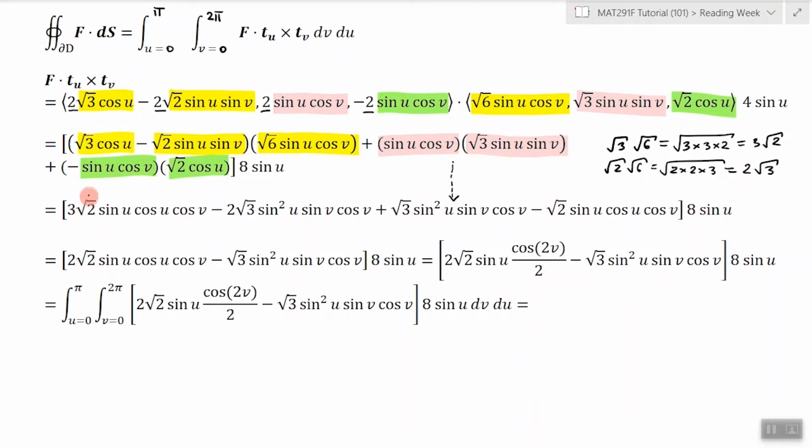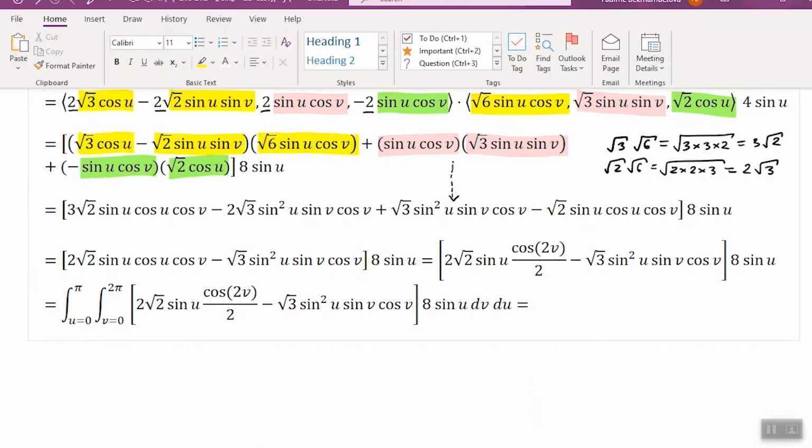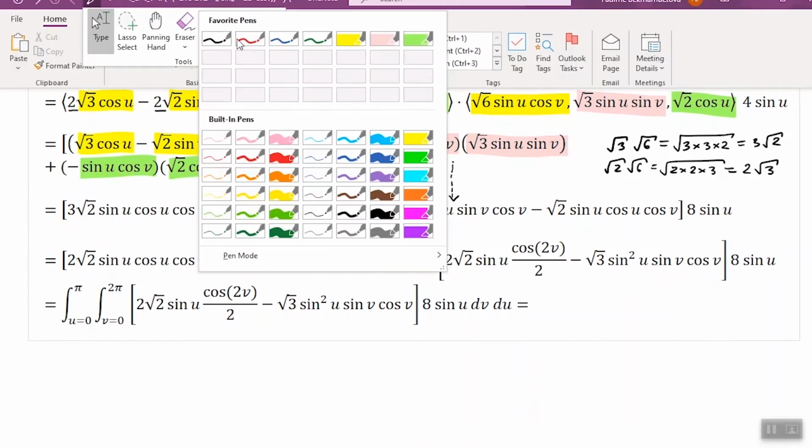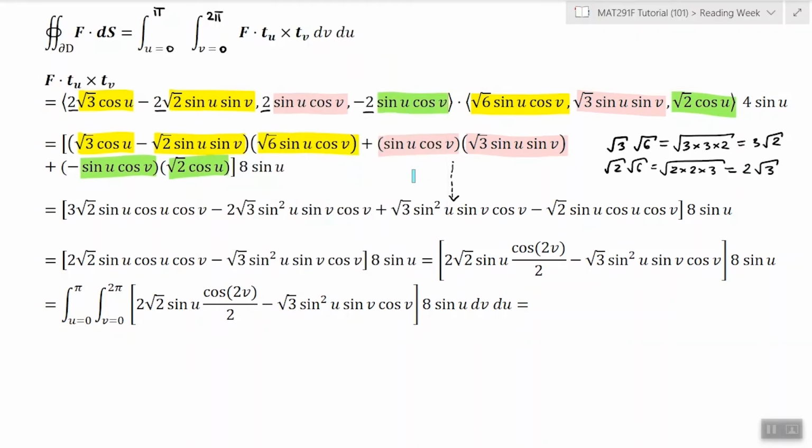In the next step, I simplified some more things. For example, this term and this term are the same. So then we have 3 here and we have, well, just -1 here. That's how I got this. So we have square root of 2 sine u, cosine v, and then this 2 here.